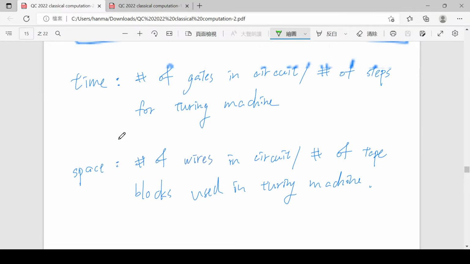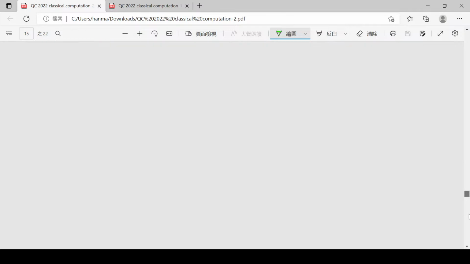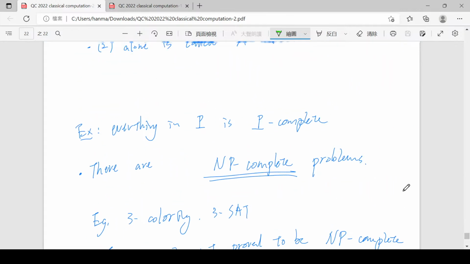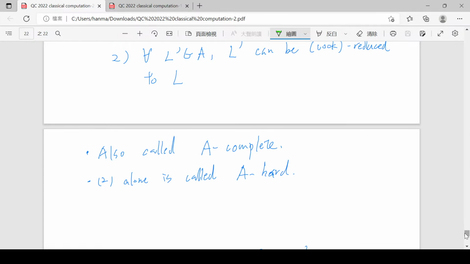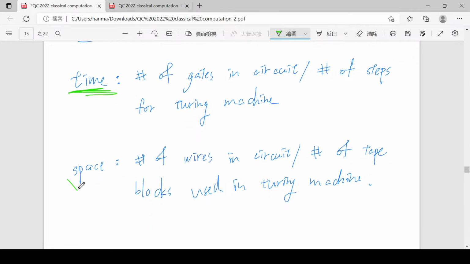But the following will focus mostly on time, although later in the course we'll talk a little about space.